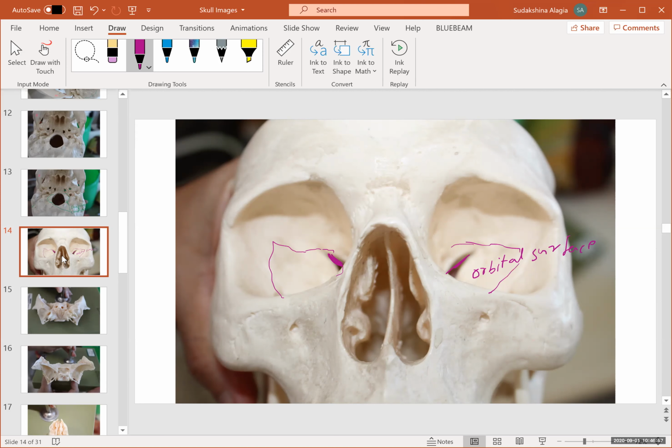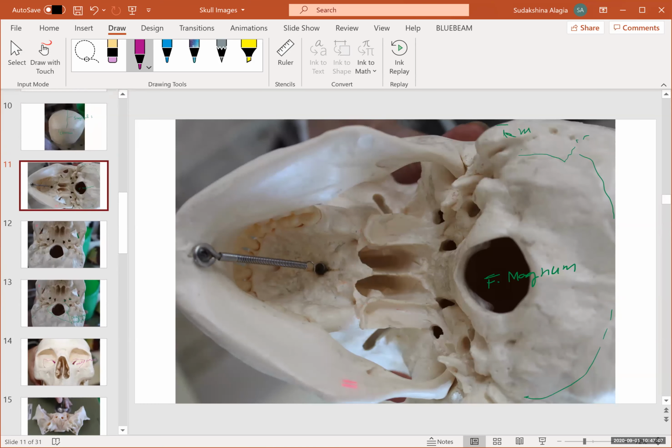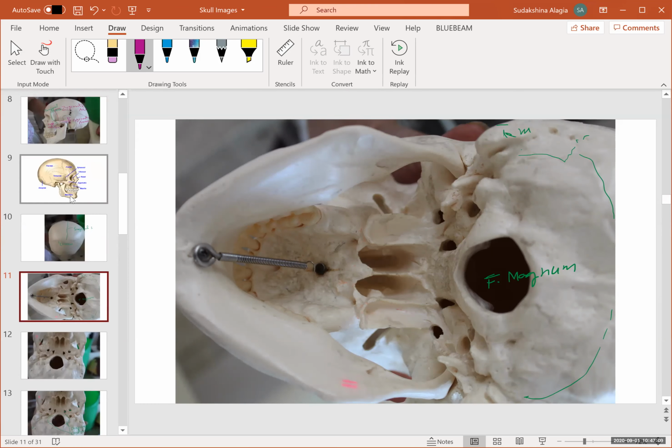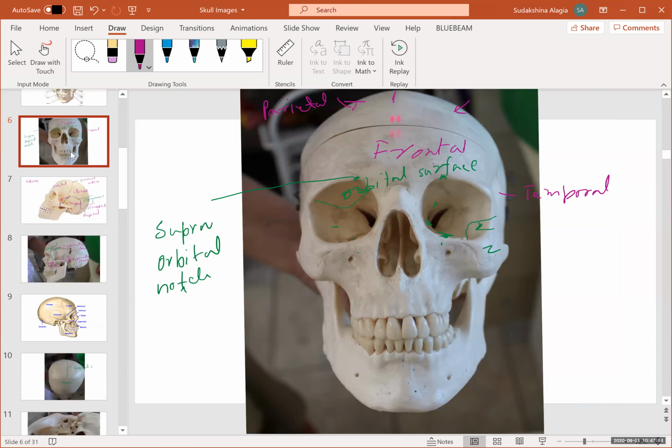And this opening looks almost like the shape of an X. This is a close-up, because you can't see the orbital surface without the close-up. But if we remove that close-up and you are looking at this here, you can see that this is not just a foramen, not a round opening.